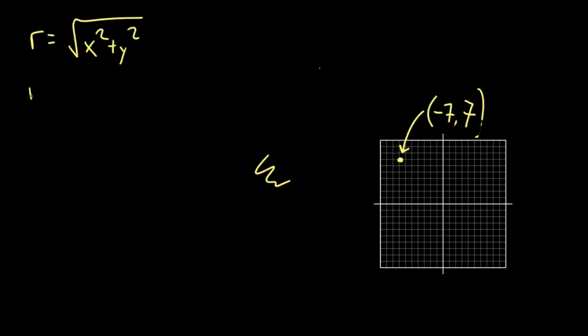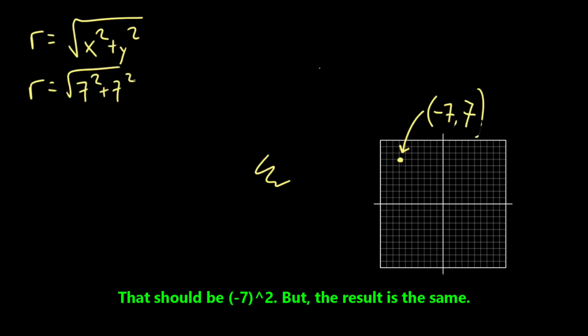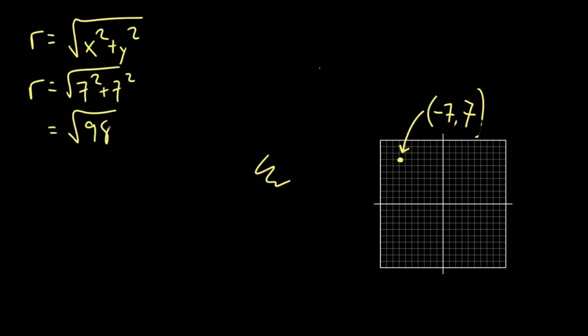So here we have the point -7, 7. In this case, the point that I gave you, it's actually possible to find an exact answer, because if I go and do the same things that I did before, r is still going to be the square root of x squared plus y squared, which in our case is 7 squared plus 7 squared, which is the square root of 98.